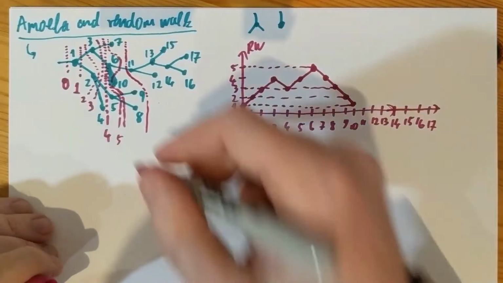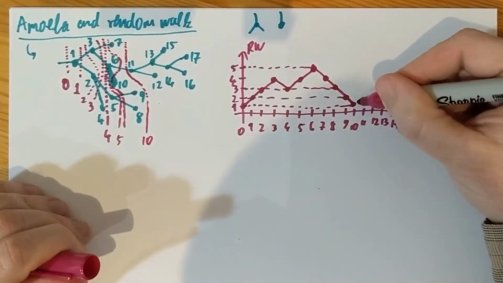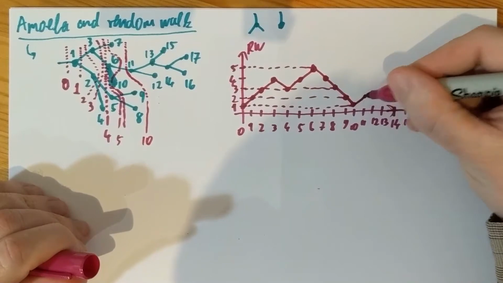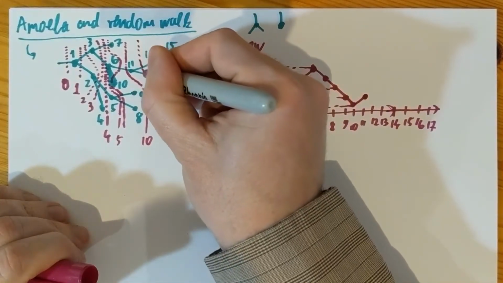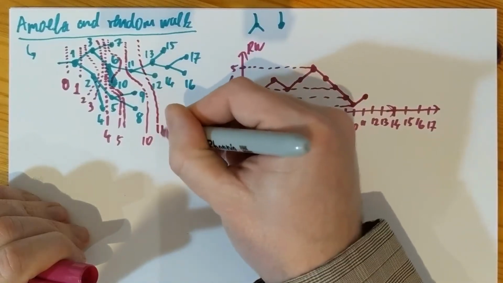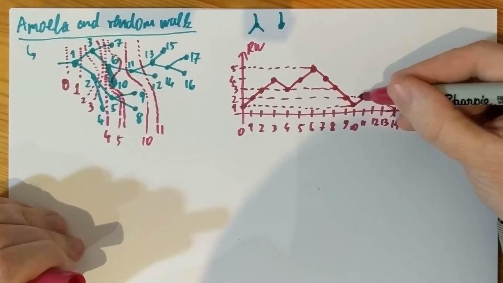to 11. So at time 10 for my random walk, I'm down there, but then 11 again decides to have 2 children, and that increases the number of living individuals to 2. So I'm back to level 2 now.